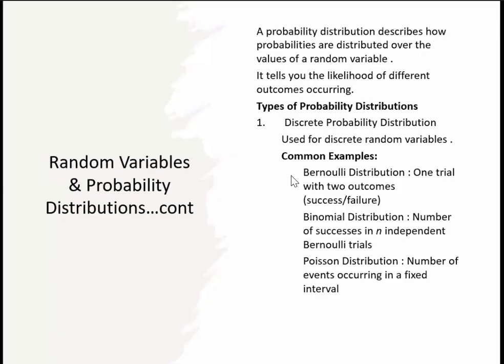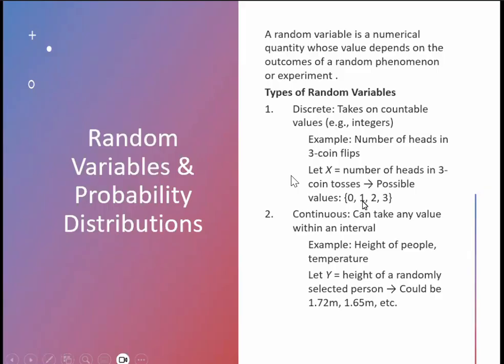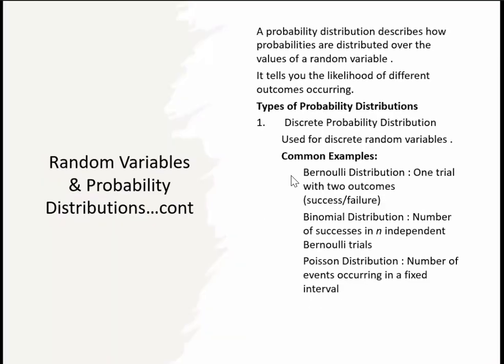For example, in our coin flipping, we had these values 0, 1, 2, 3. So what are the chances of me getting 0? What are the chances of me getting 1? What are the chances of me getting 2? What are the chances of me getting 3? That's what probability distribution is all about. And in here, we have types. We have what we call discrete probability distribution.